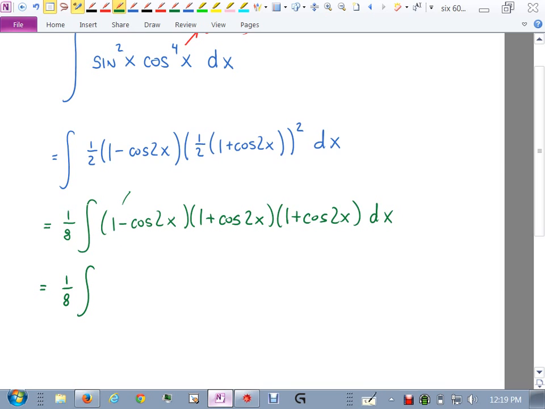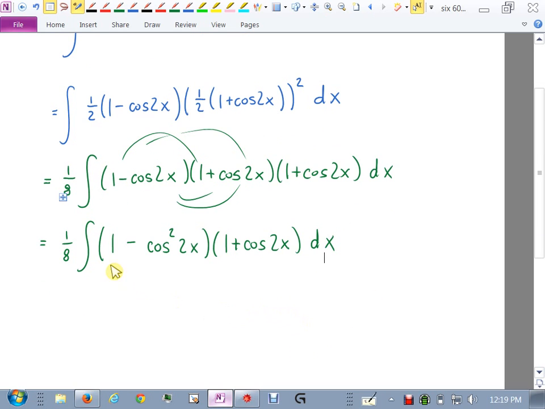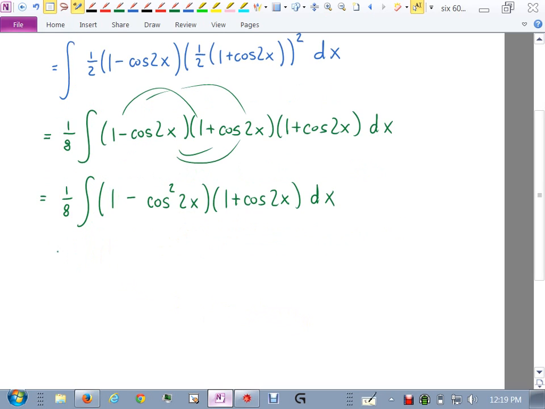Difference of squares with these two, when you do this, the middle terms go away, right? So all you get are the outer terms. So 1 times 1, and then you get minus what? Cosine squared 2x. And then we multiply that with 1 plus cosine 2x dx. And now we do again like a foiling. And when we do that, we should be ready to approach this integral.